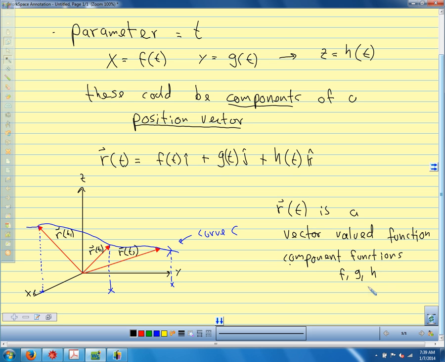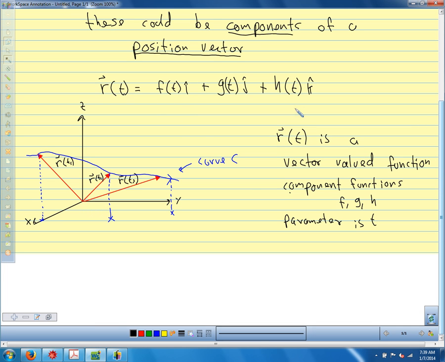Our parameter is t. And the domain of r, the domain of our vector valued function, is the intersection of the domains of f, g, and h.